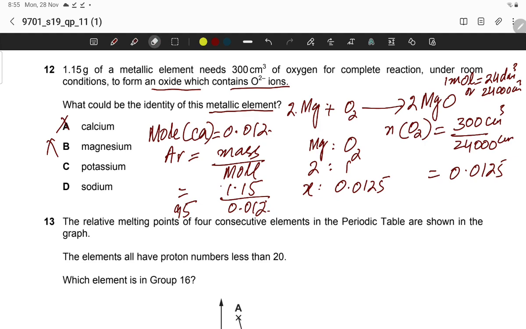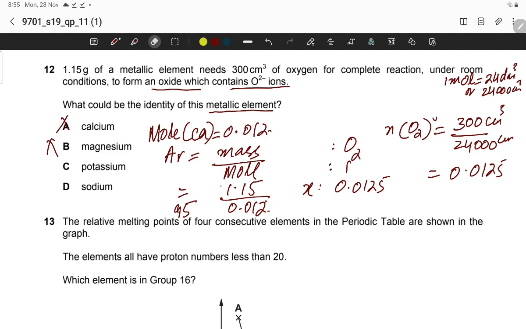Now let's calculate potassium. The moles are same, balancing is different.